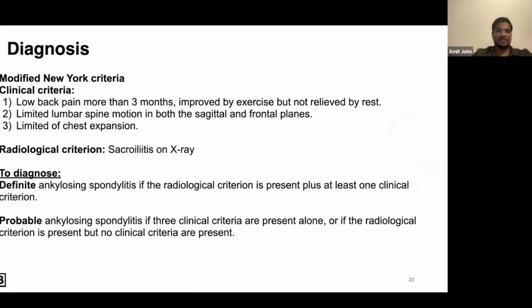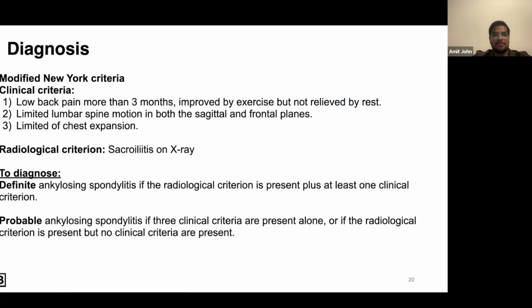So the diagnosis, the easiest way to do this, especially in primary care, is using the modified New York criteria. Low back pain for more than 3 months, which is improved by exercise but not improved by rest. There's limited lumbar spine motion on the sagittal and frontal planes, and then limited chest expansion.